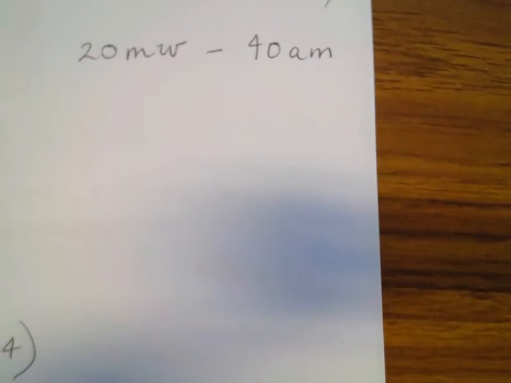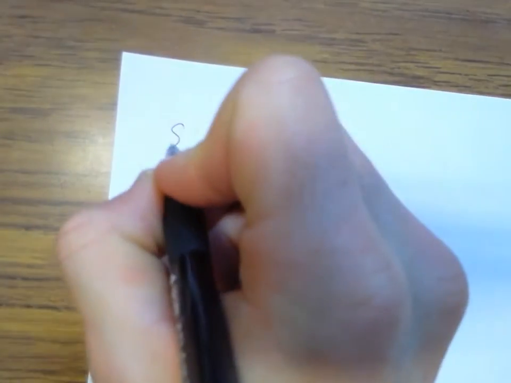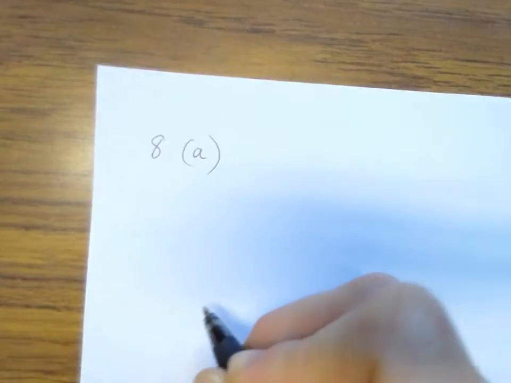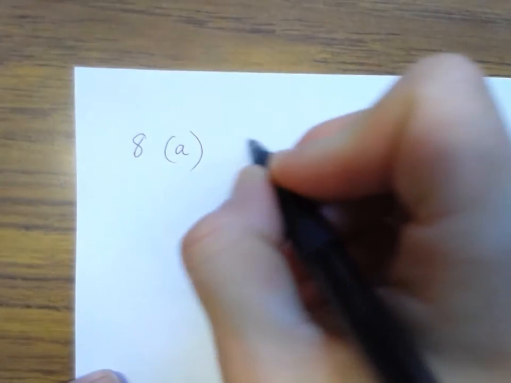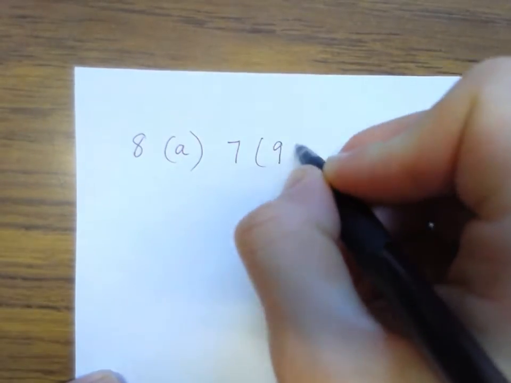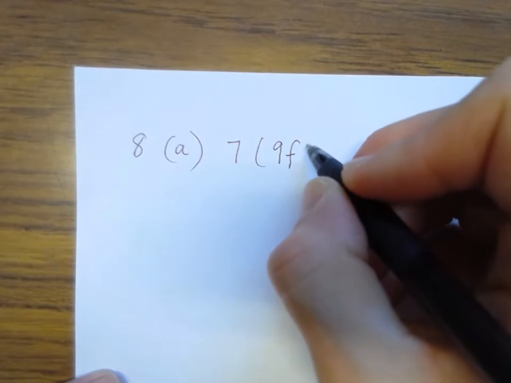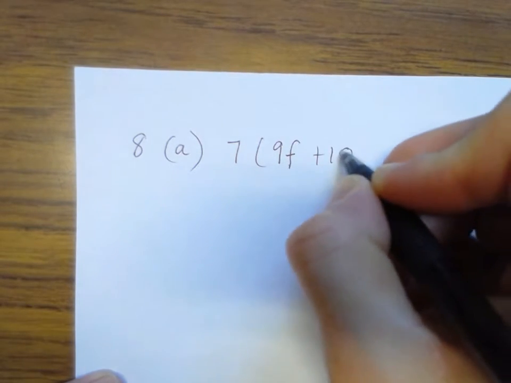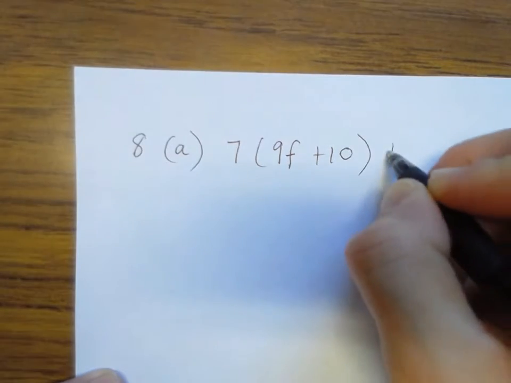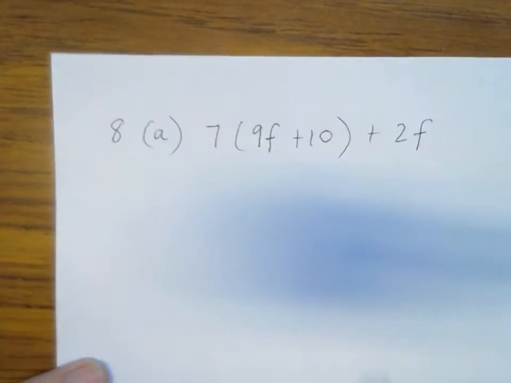Okay, let's take a look at a couple from question 8. Get a new piece of paper. Okay, question 8. They've just got a bit of a tag on at the end. So we've got 7(9F plus 10) and then plus 2F.